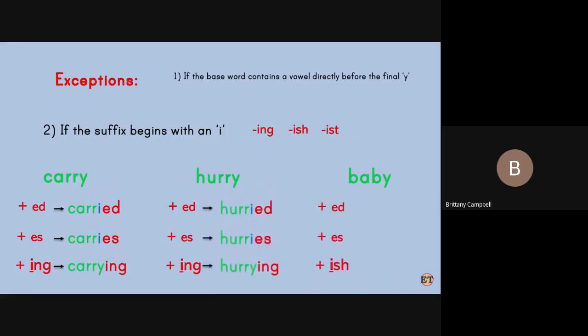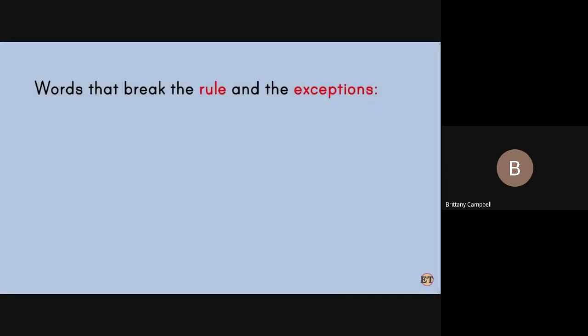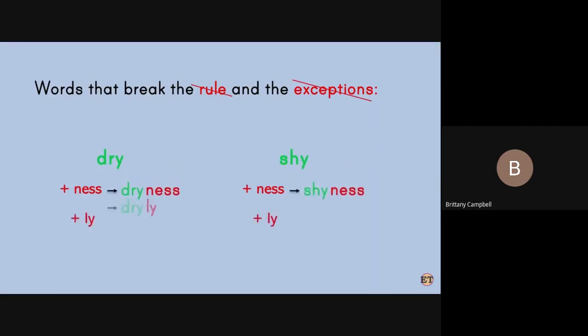It's changed in baby and babies, but not in babyish. There are some words that break the rule and the exceptions. For example, we don't change the Y in dry or shy when writing dryness or shyness, or dryly or shyly.